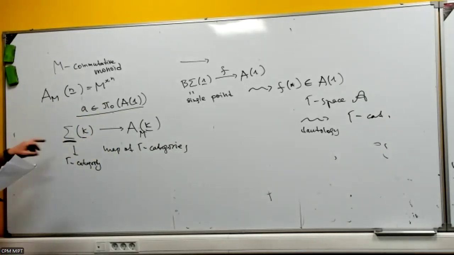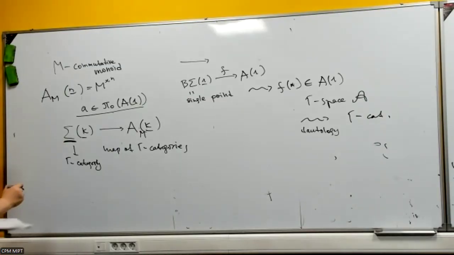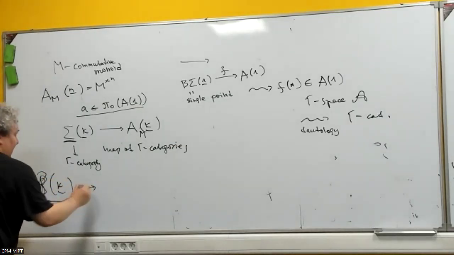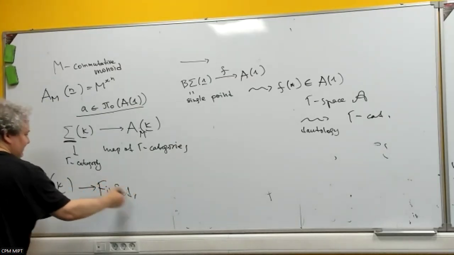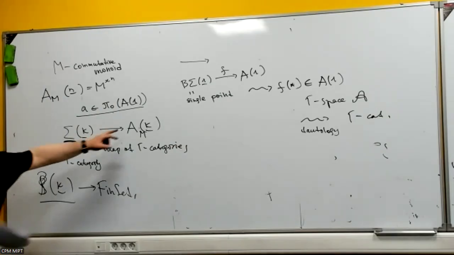This category, from P of row of K, should be mapped to finite sets. This is how I define this gamma category. Here we have disjoint unions, so inclusions; here it's another story, not like that.